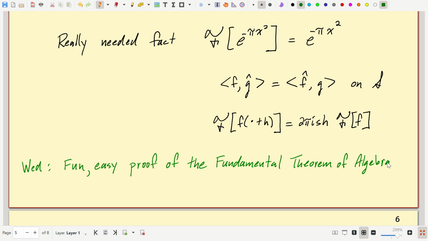And it'll be easy and kind of fun, I hope. I've been thinking about this a long time, and for me, this is the quickest, easiest way to get the fundamental theorem of algebra. So that's an advertisement. Any last minute questions about anything? Okay.